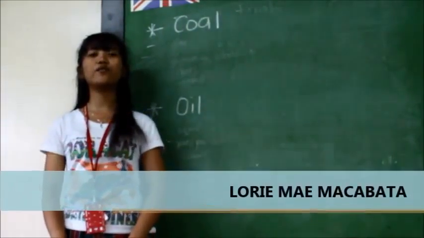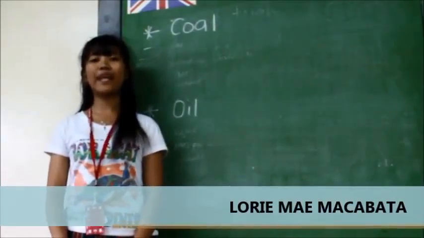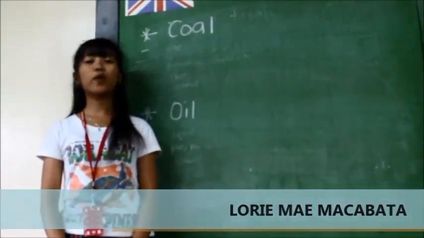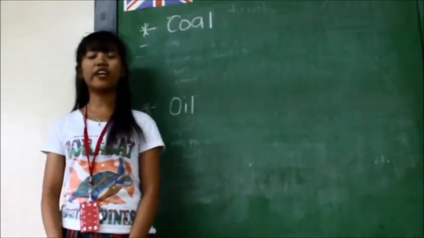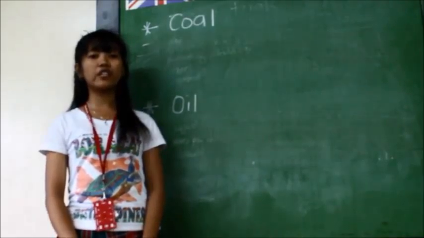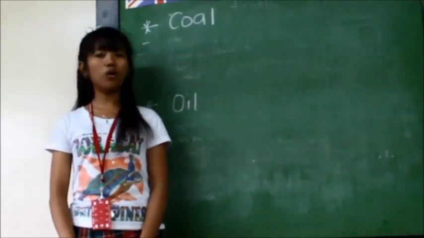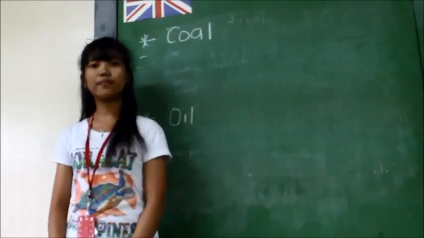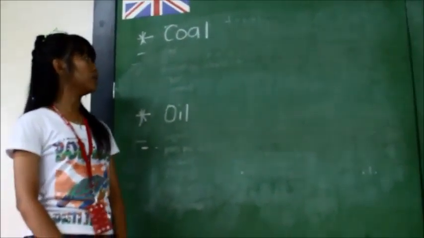You all know that fossil fuels are formed from decayed plants and animals, and by exposure to heat and pressure under the Earth's crust over hundreds of millions of years, they are converted into different kinds like coal, oil, and natural gas. So the first one is coal.